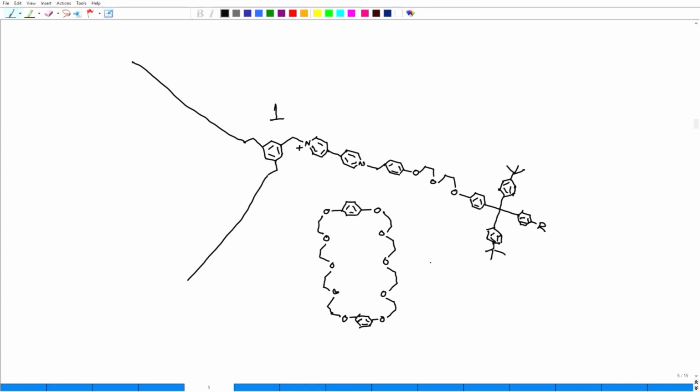Here I will write 3 equivalents just for the sake of writing something. Then what will happen? Same thing, in MeCN medium, 55 degrees Celsius, 10 days.